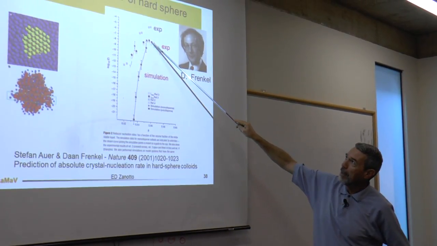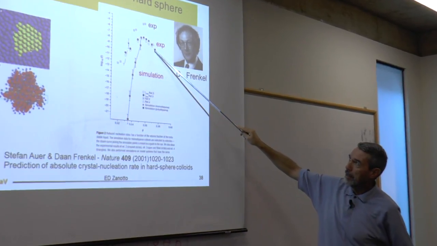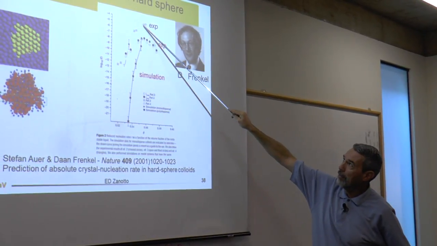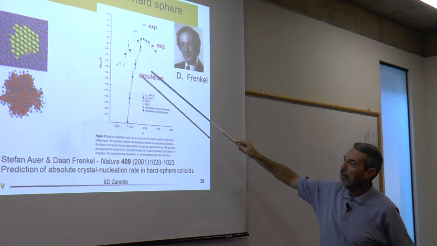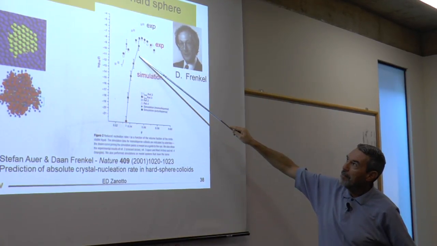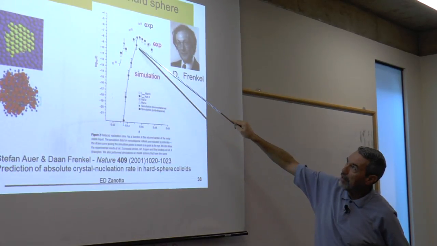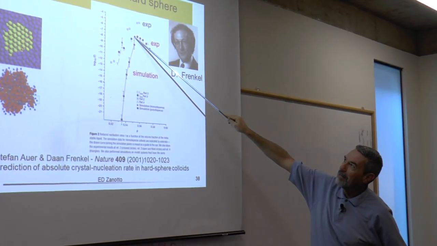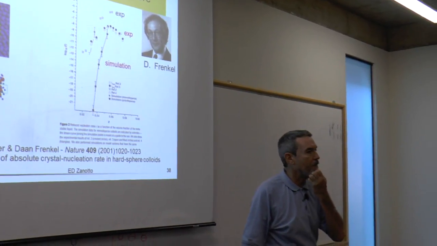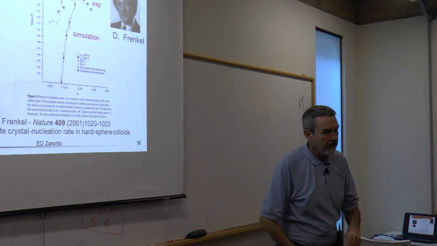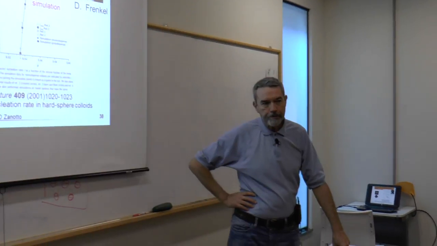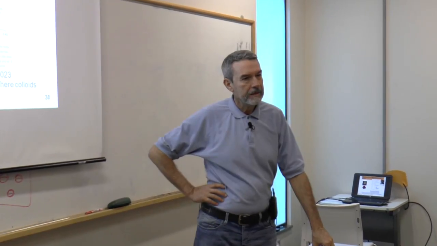This is experimental data from one author, and this is experimental data from another author, but you see that the simulations, when they come to the same kind of volume fraction, are maybe 1 or 2 or 3 orders of magnitude from the experimental data.